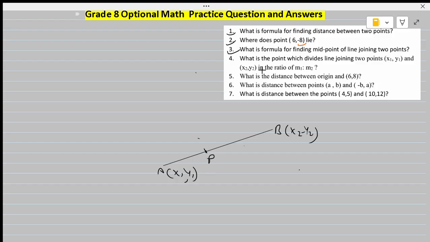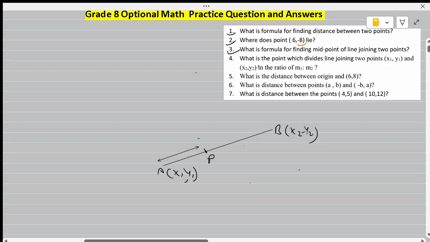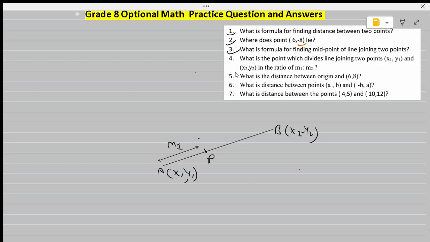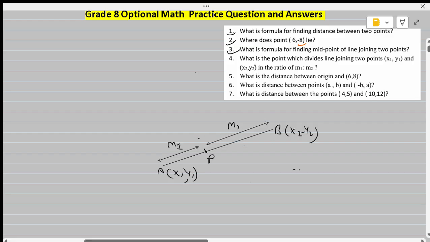From the dividing point to the first point, that part we take as m1, and from the dividing point to the second point, that we take as the second part, m2.